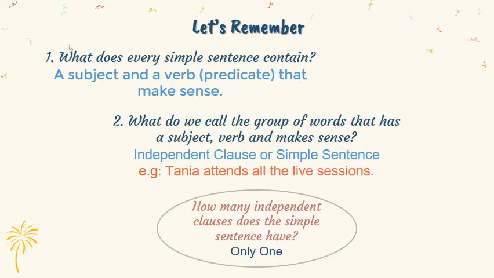Now first, let's try to remember something. What does every simple sentence contain? A simple sentence is a sentence that conveys a complete thought or idea, one idea, okay? So it should have a subject and a verb, or predicate as we say.